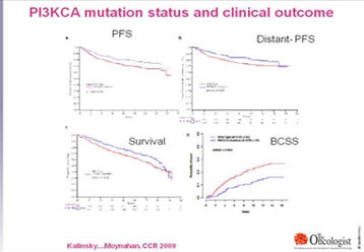And surprisingly, at least surprisingly to me initially, PI3 kinase mutations, if any, confer a better outcome. So in these graphs, where you look at progression-free survival and survival, the mutant tumors are those displayed in the blue line, so they seem to be doing better.